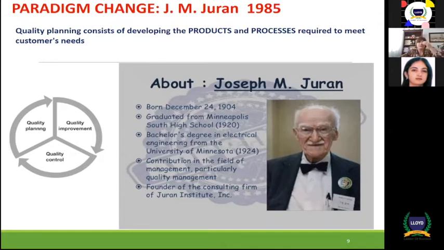This person went from Romania to the United States in those days, and he was the first scientist who realized that quality planning is very important, not only in developing products, but in developing processes. And all this product design and process design should be very important.